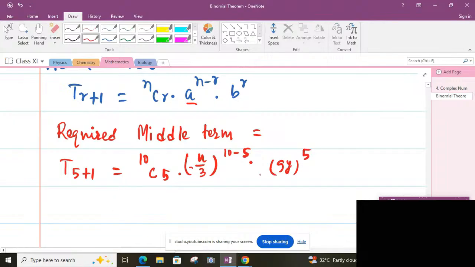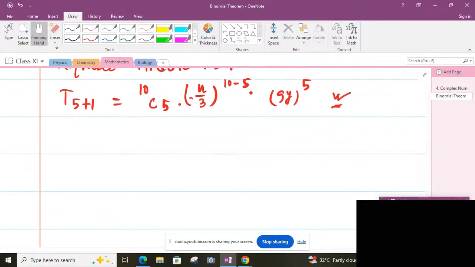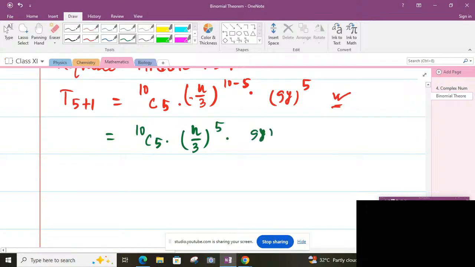Hope there is no problem understanding up to this step. The next step here will be equal to 10C5 into (x by 3) to the power 5 into (9y) to the power 5.